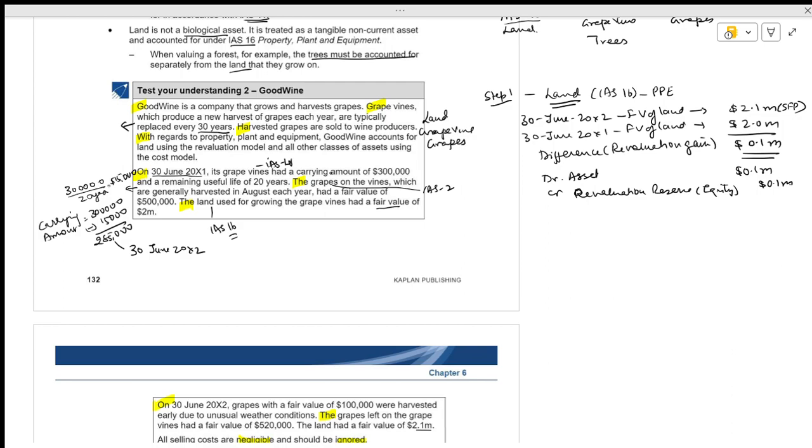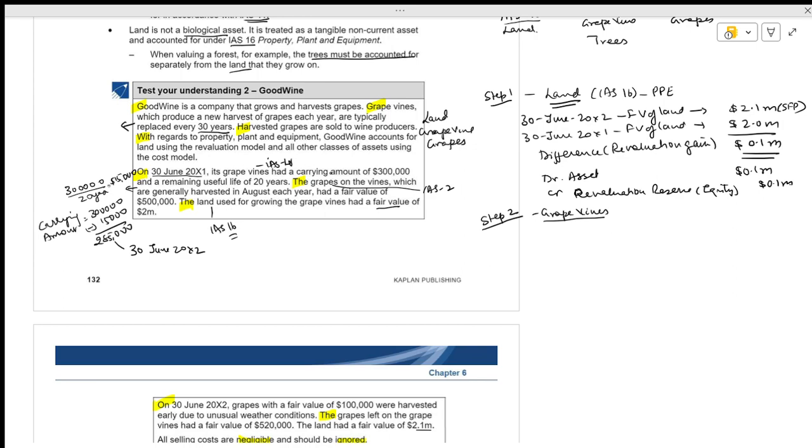Next, what happens? Again, they have the plants. How much of grapevines are there? Step 2, grapevines.